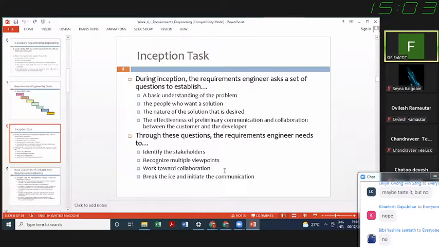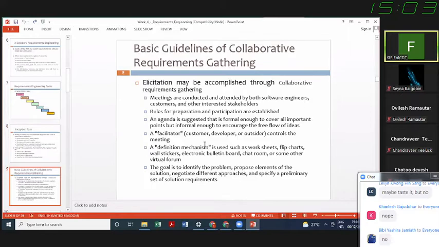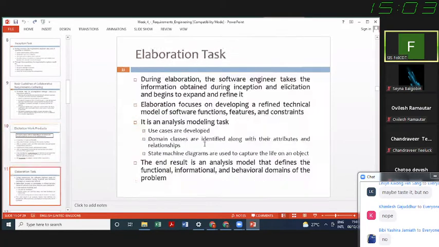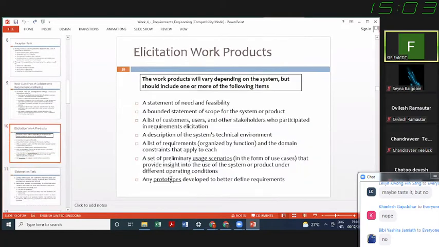So this is a very simple use case diagram here, and we were seeing this on this sentence. We can have prototypes also during this phase.